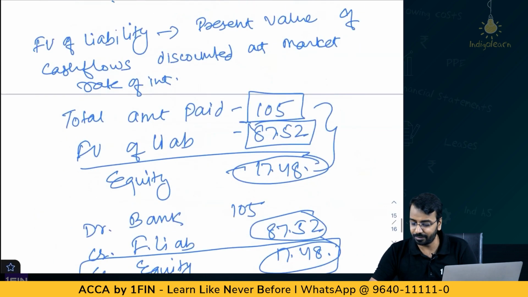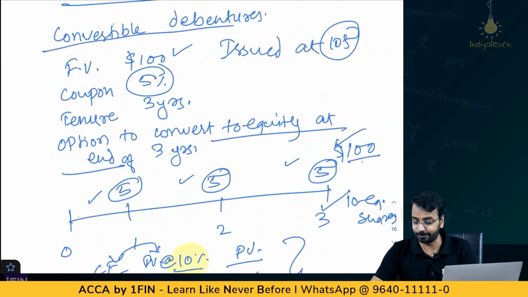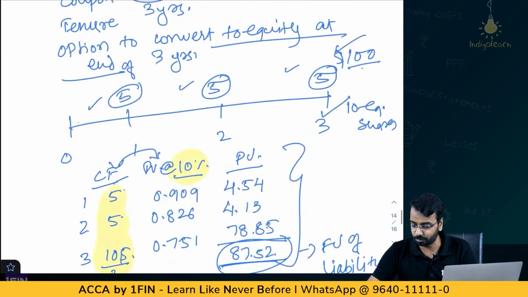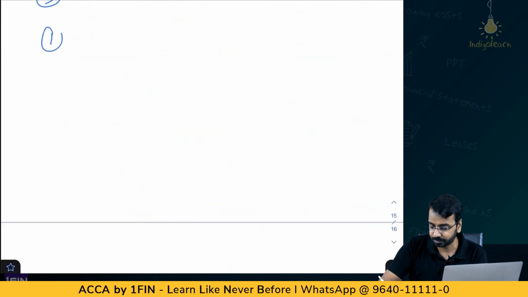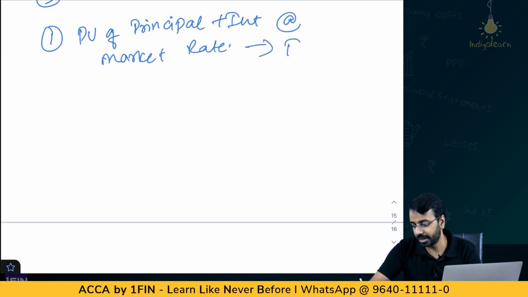Okay. So, whenever there is a compound instrument, which is a convertible debenture, for example, you have to calculate two things. One, present value of principal plus interest at market rate. This gives us the financial liability.